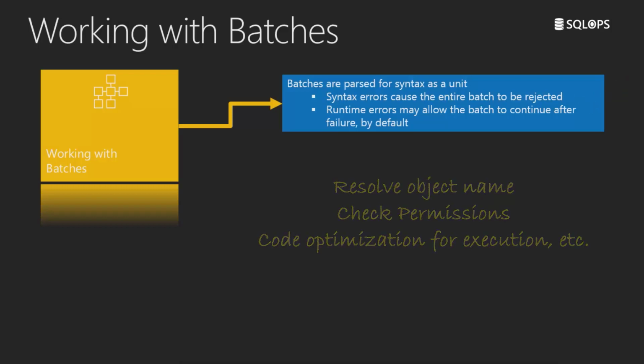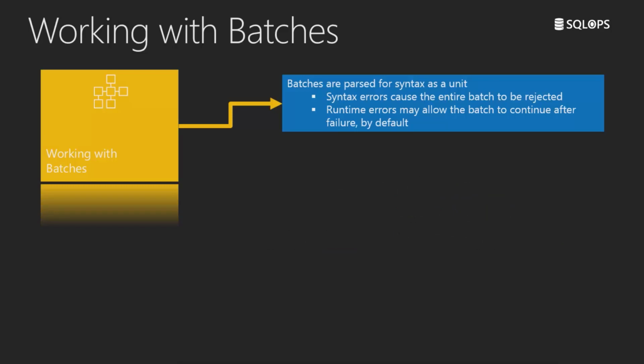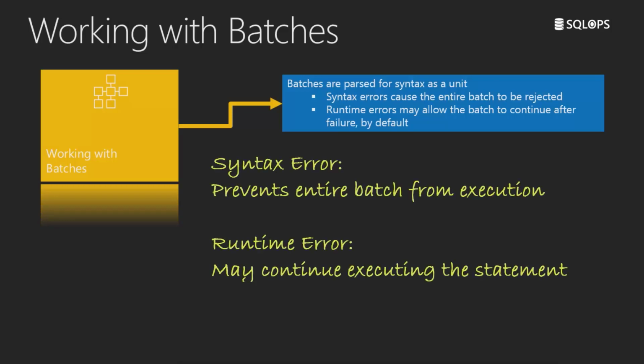Once this process completes and execution begins, statements succeed or fail individually. And if a runtime error occurs on one line, the next line may be executed unless you've added error handling to the code. And that is the main difference between syntax errors and runtime errors. Syntax errors cause the entire batch to be rejected, whereas runtime errors may allow the batch to continue even after failure on one line.